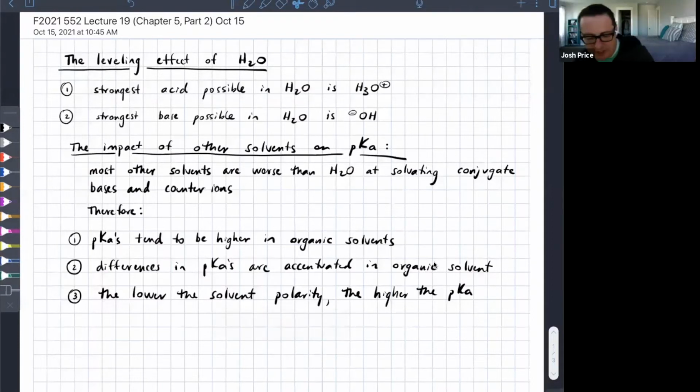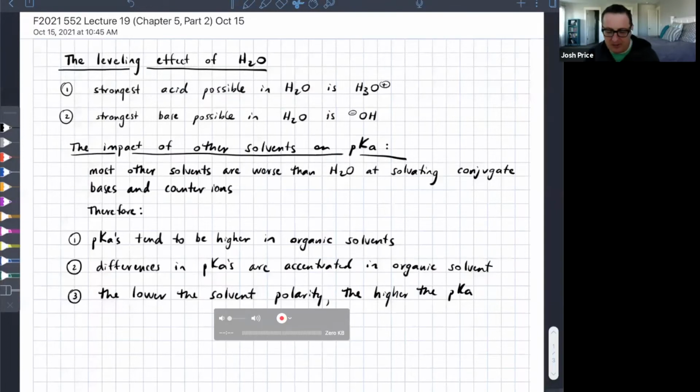So last time we were talking about the effect of water on acidity, and there's this concept that we talked about called the leveling effect of water, where the strongest acid you can measure or have in water is H3O plus, and the strongest base you can have is OH minus.